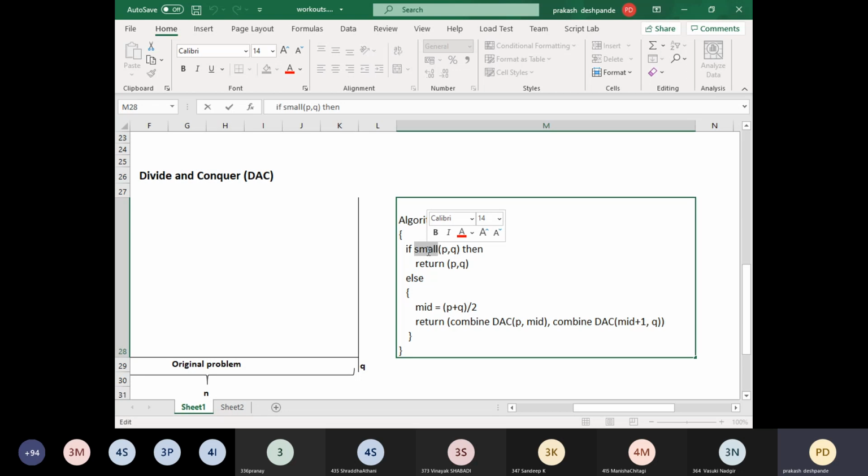Just treat it as whether that particular problem is small or not. When we say it is small, definitely we get a solution for that. That is the assumption. When I say small problem, it means it is small enough to get the solution. If it is not small, I need to further divide it into a few more halves.